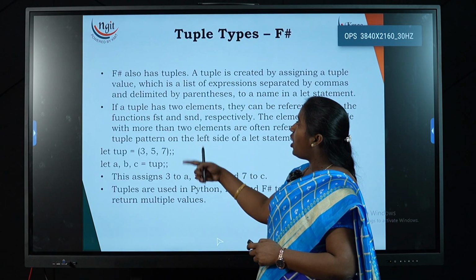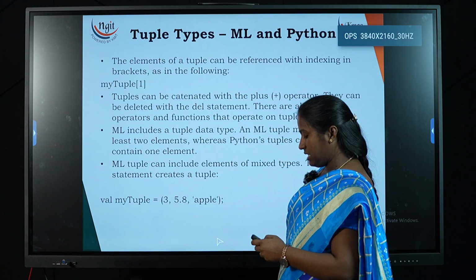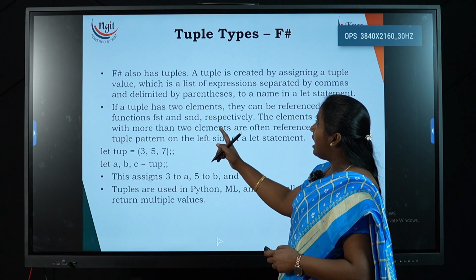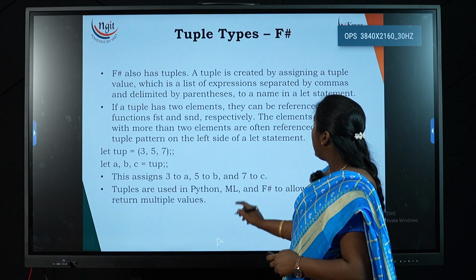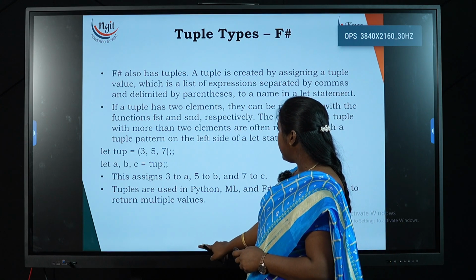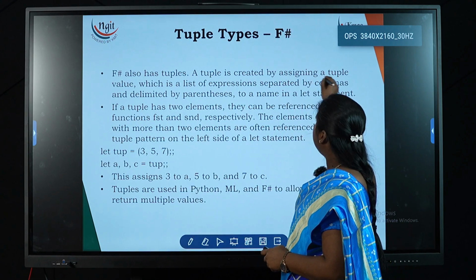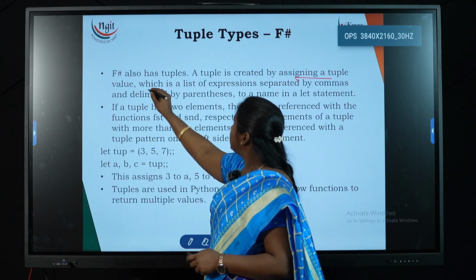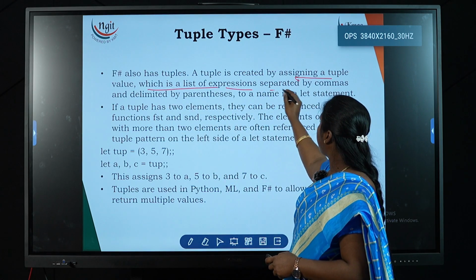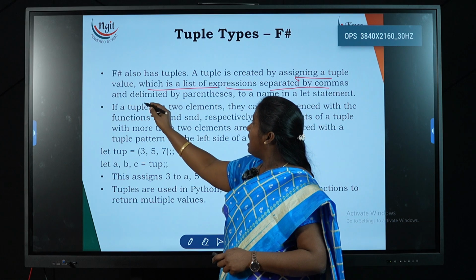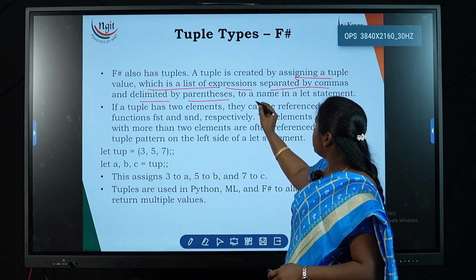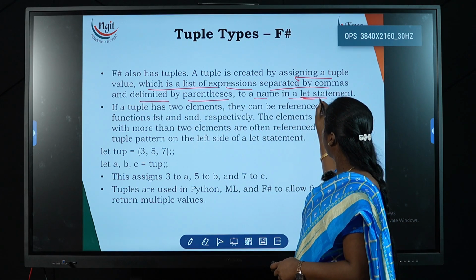Now let's see how F# supports the same tuples. F# also has tuples. A tuple is created by assigning a tuple value, which is a list of expressions separated by commas and delimited by parentheses, to a name in a let statement.